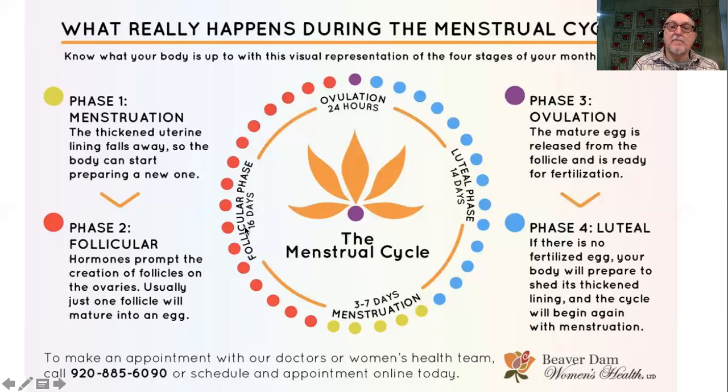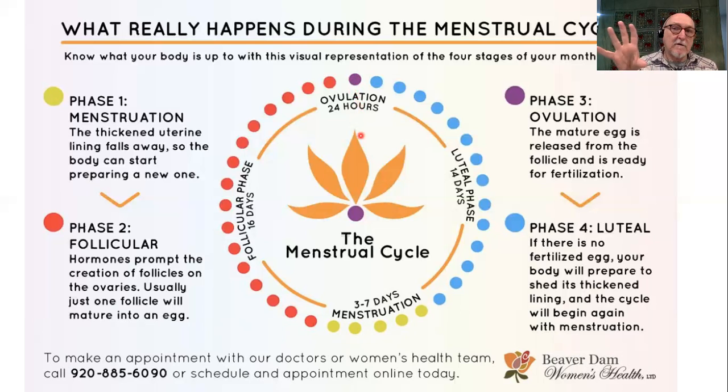This lasts approximately 16 days, and at its culmination is when that follicle on the ovary bursts and it releases the egg. And that is the occurrence of ovulation.